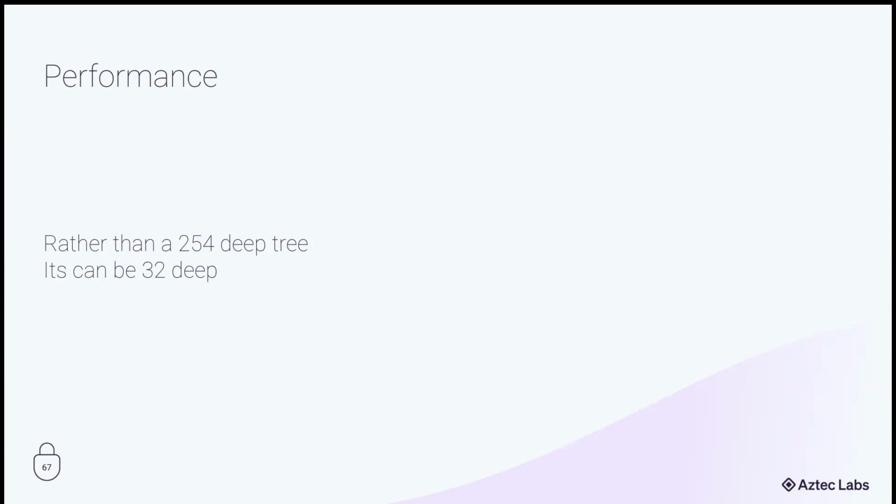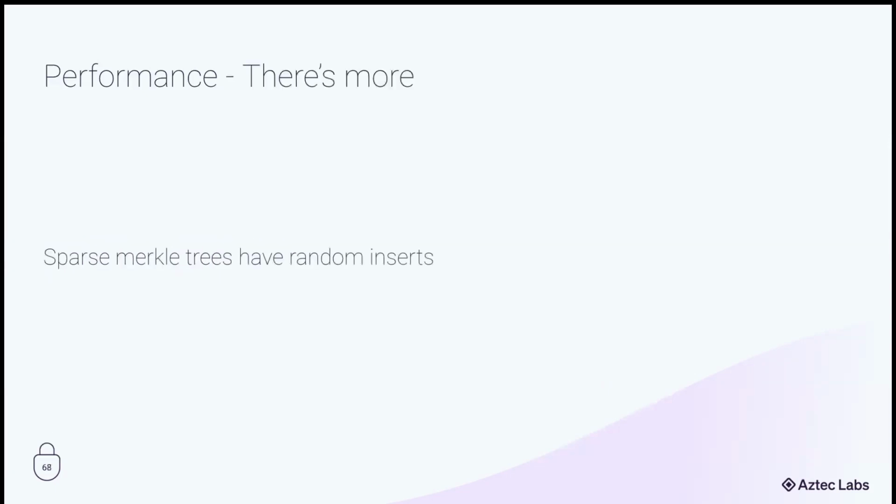That's a lot easier than doing 254 hashes. But we also have a few more nice ideas around this, because you're not doing random insertions anymore, but structured insertions. You can essentially compound multiples and insert a subtree at once.